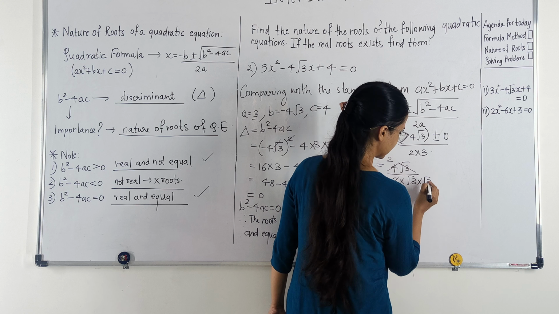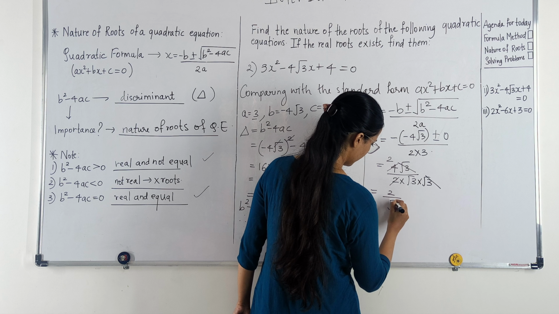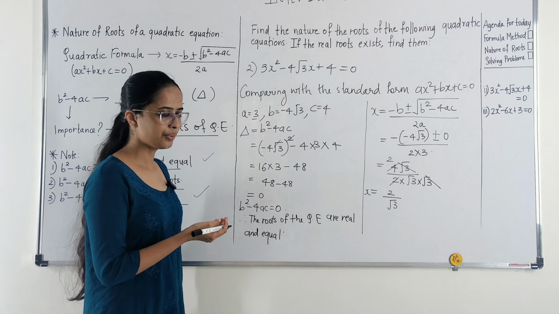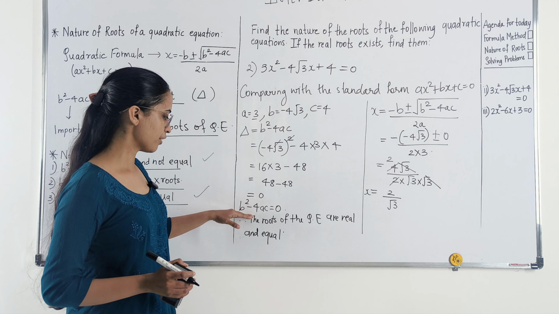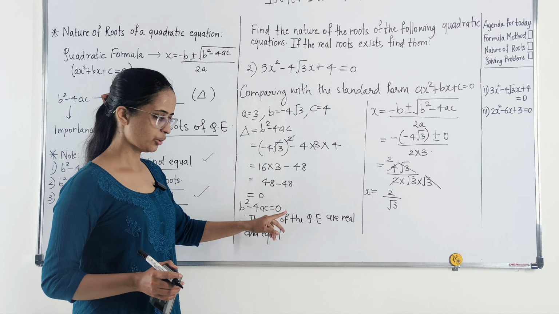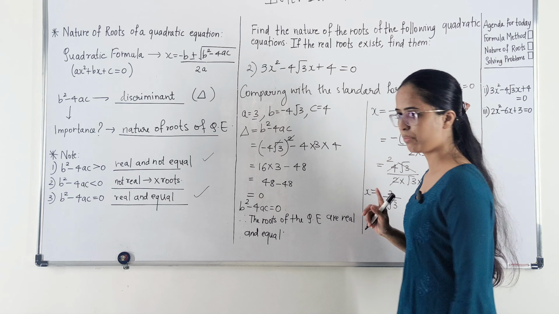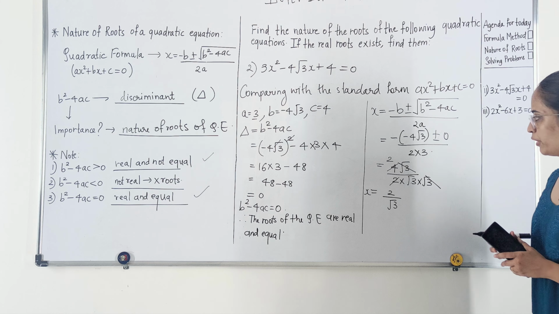So one root 3 gets cancelled, the other root 3 gets cancelled, and that is why we get 2 upon root 3. Now you might say that this is a quadratic equation and how do you get just one root? That is where the answer lies, that since we get discriminant ka value is equal to 0, therefore the roots are real and equal, and that is why both the roots would be 2 upon root 3. So this is where your problem number 2 ends.